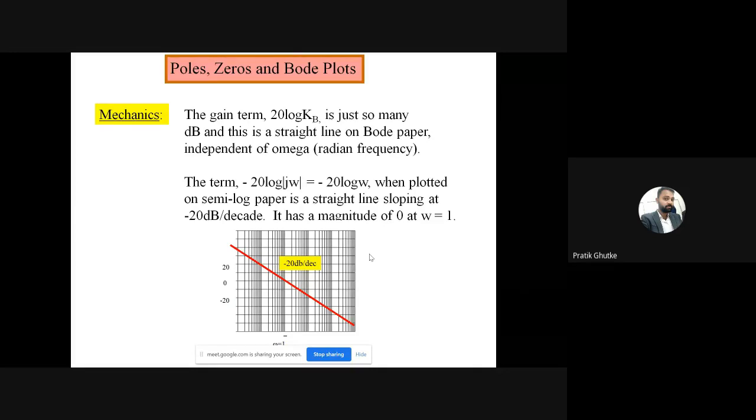Again, if there is another pole, then previously it was minus 20, now add again minus 20, meaning minus 40. So when two poles are present in your transfer function, my slope will go with minus 40 dB per decade. So for one pole at origin, it will go with minus 20 dB per decade, and with two poles, minus 40 dB per decade, and so on.